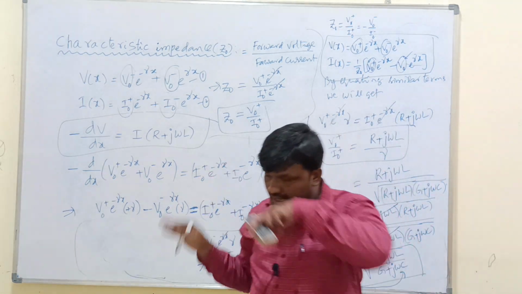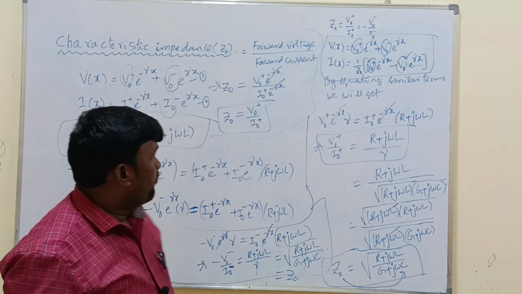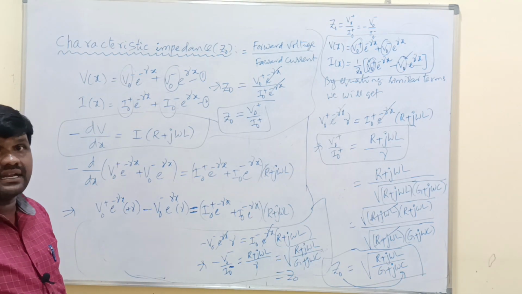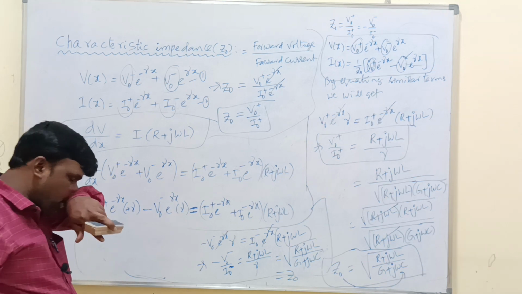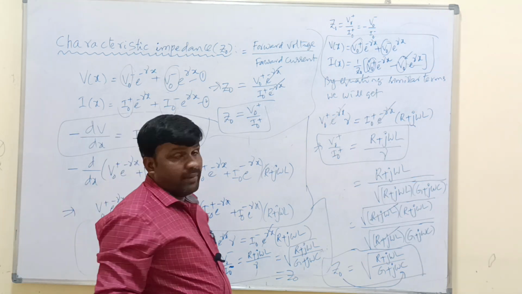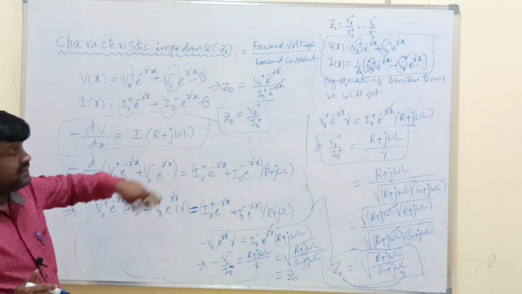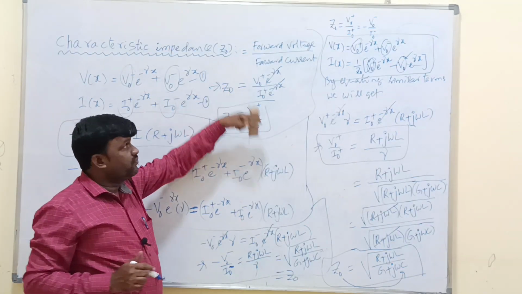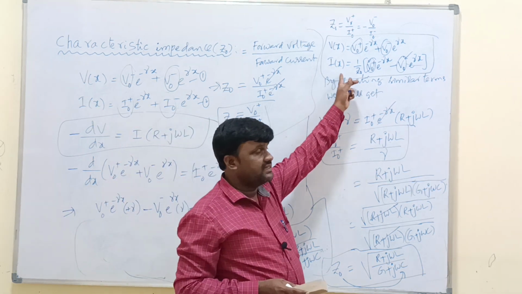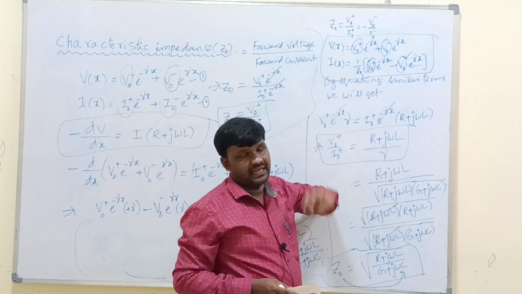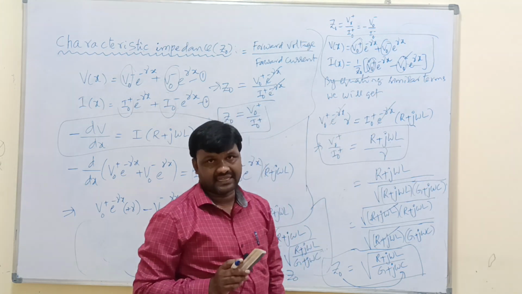That is the advantage of the characteristic impedance. By using the definition of characteristic impedance, we can write voltage and current equations in terms of the voltage constants V naught plus and V naught minus like this.